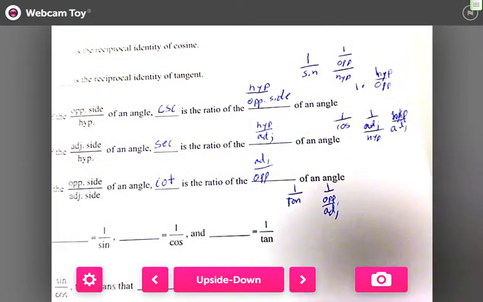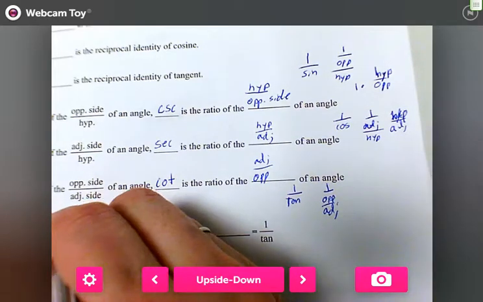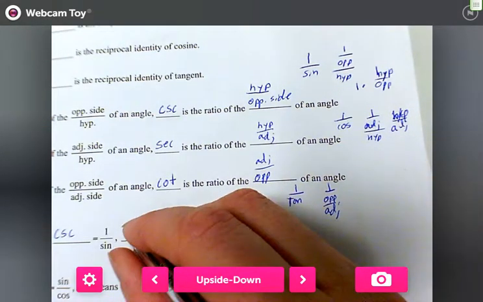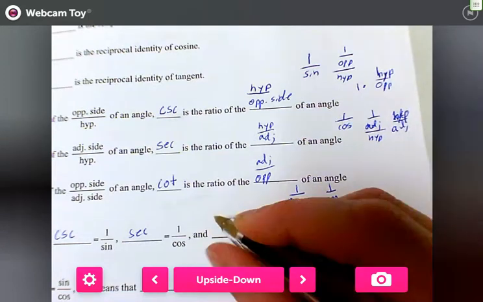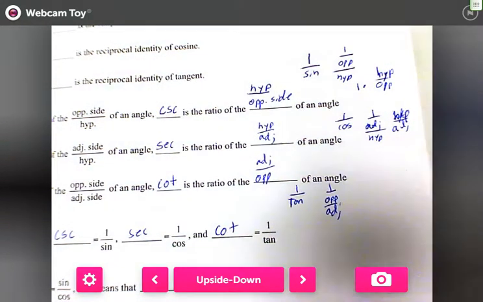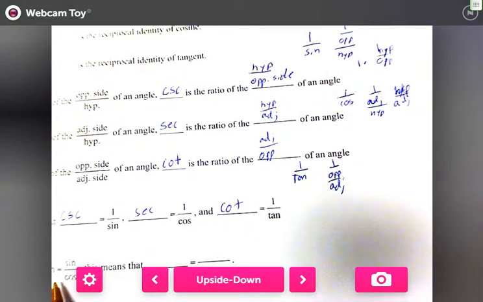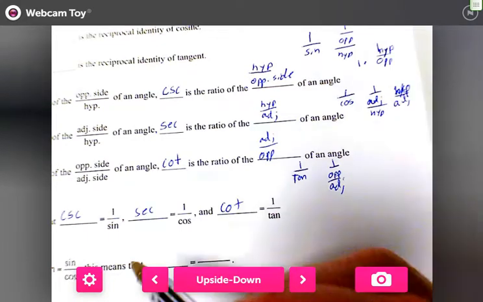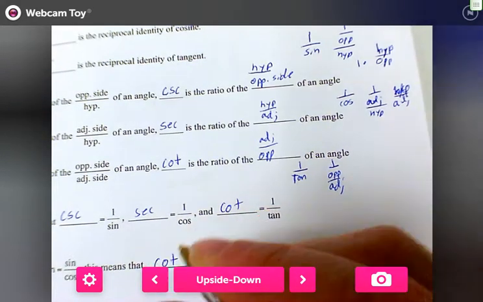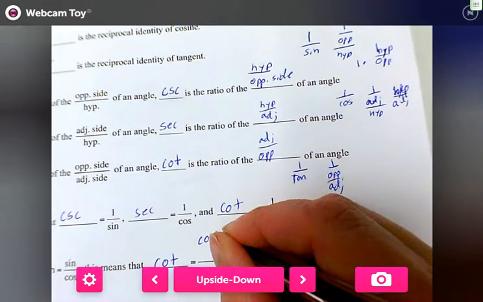And really, tangent is sine over cosine. So this also means that cosecant is 1 over sine, secant is 1 over cosine, and cotangent is 1 over tangent. Finally, because tangent is sine over cosine, this means that the cotangent is cosine over sine.